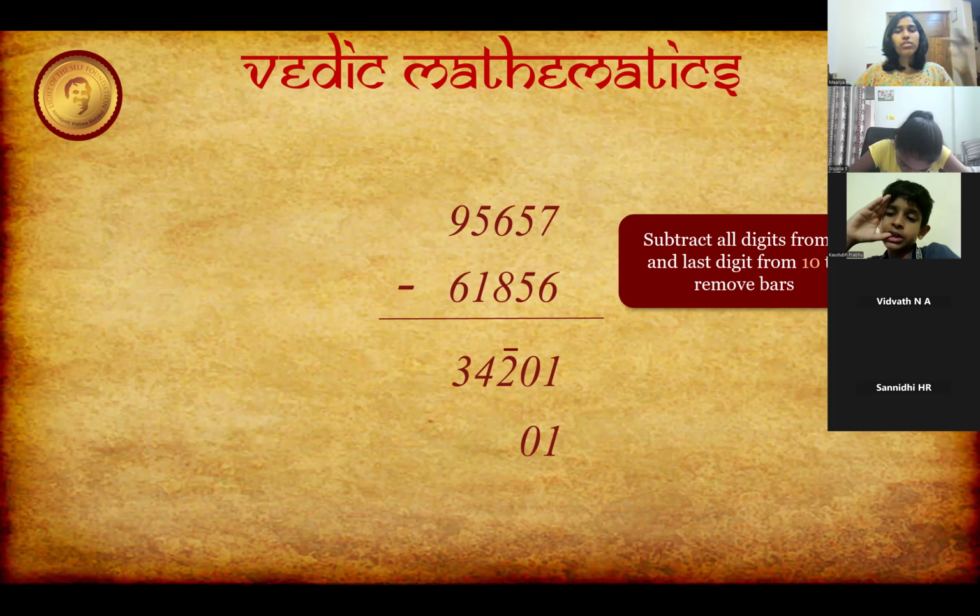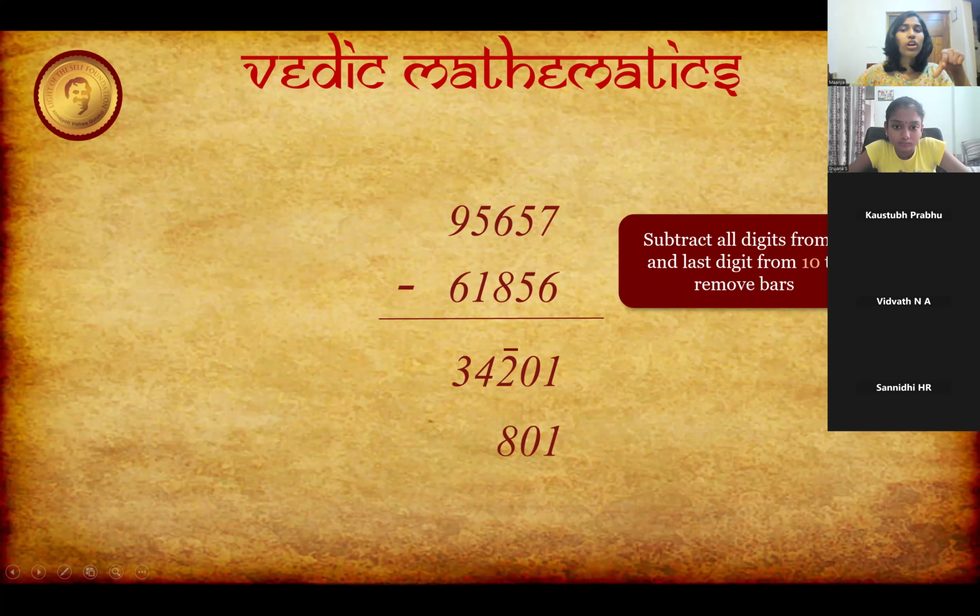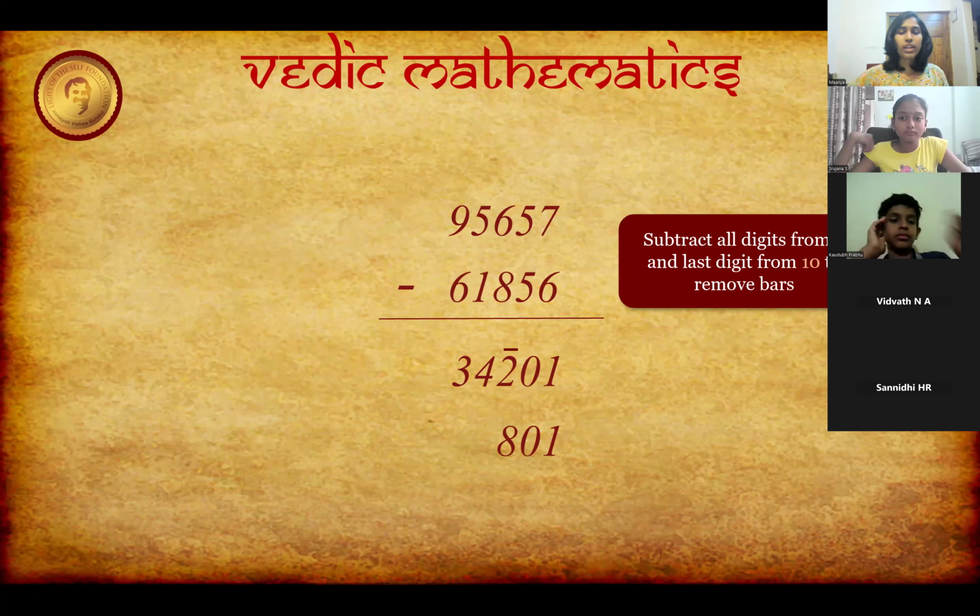Who's going to tell me? Ma'am, 9. But you're right, when you think of it that way, in some sense, logically, you may be right. But like I told you, this is only applicable for the numbers with a bar. And I told you to subtract all digits from 9, but the first digit from the right will always be subtracted from 10.